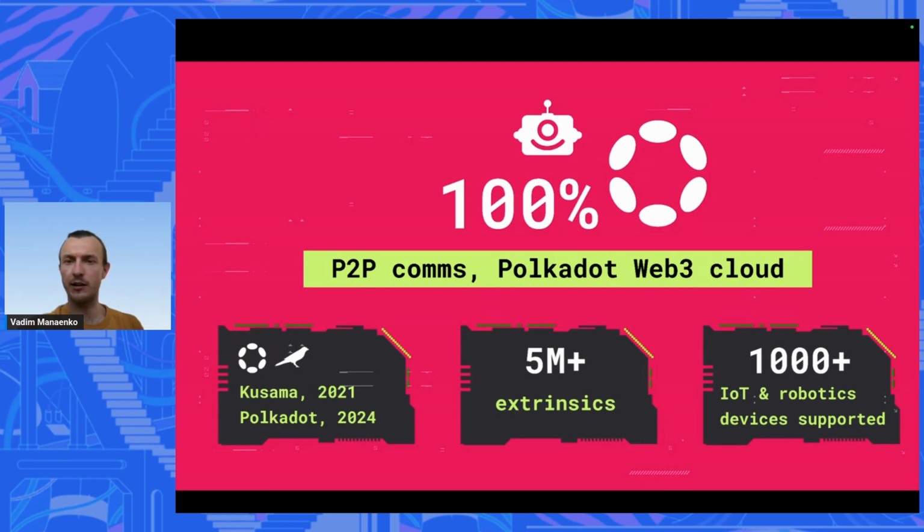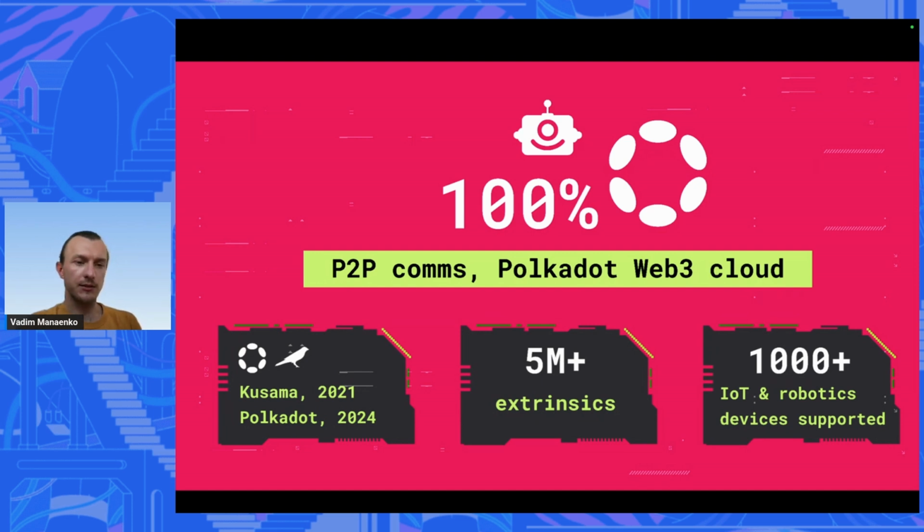Kusama is a canary network with lower fees, with some experimental features. But in some views, it's not treated as a real network. It is, but anyway. And Polkadot is like a production release of the same functionality, more stable.